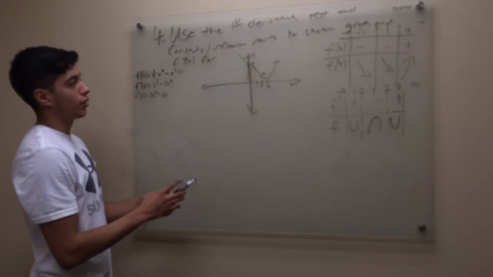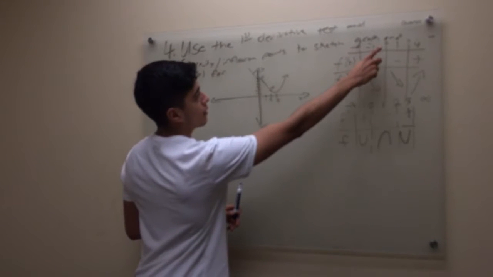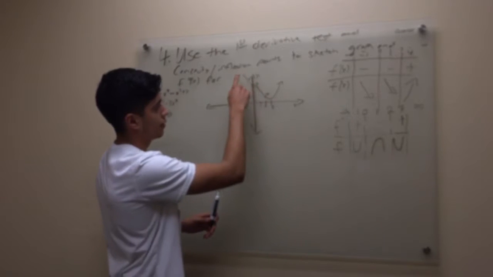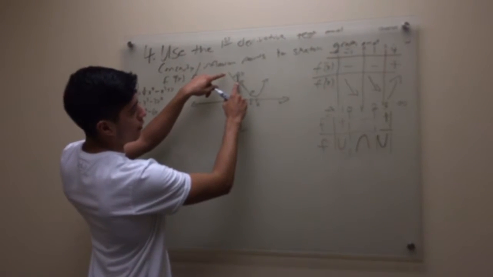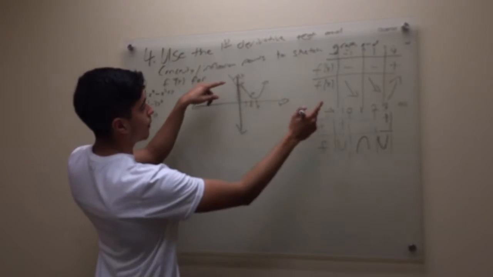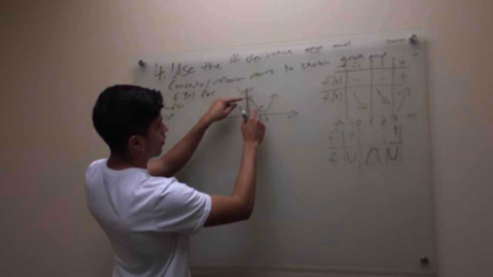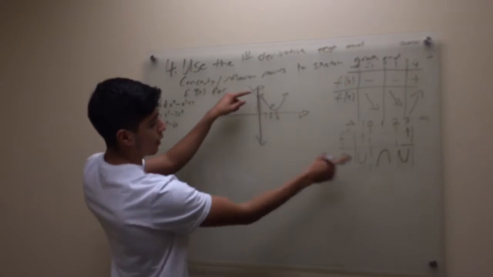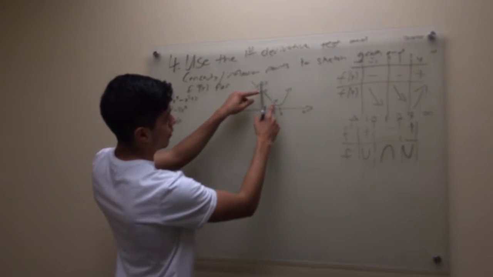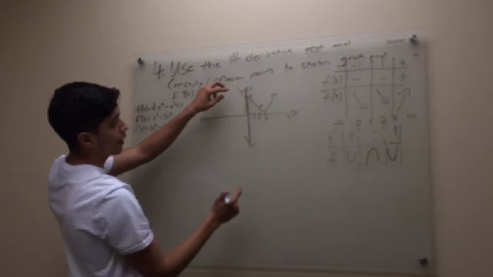And now let's take a look at this graph. We know that from negative infinity to 0, the graph's going down. So that's what we have here. Then from 0 to 3, it's also going down. It's also concave down from 0 to 2, because if you look at it like that, it's just going down.